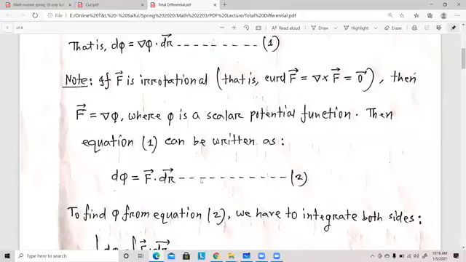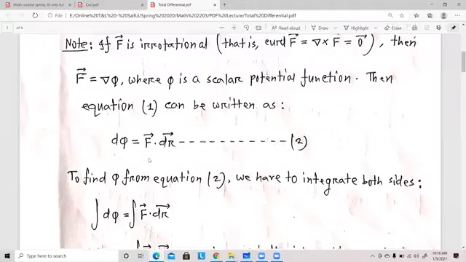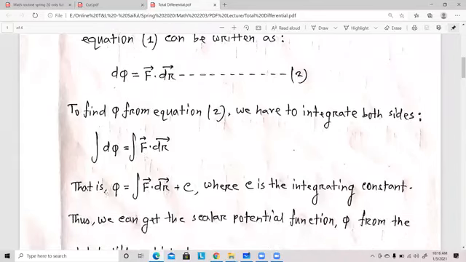সেই ইকুয়েশন, মানে তোমরা যেই মেথড বা যেগুলো পড়ে আসছো, that method will be used here to solve the differential equation. So anyway, if we want to find phi from equation 2, we just have to integrate both sides. যে আমাদের এটা ইন্টিগ্রেট করলে আমাদের কি হবে, integration of d phi, and differentiation and integration cancel, and it will be only phi, which is a scalar point function, our finding, and the right side will be integration f dot dr plus c, where c is the integrating constant.